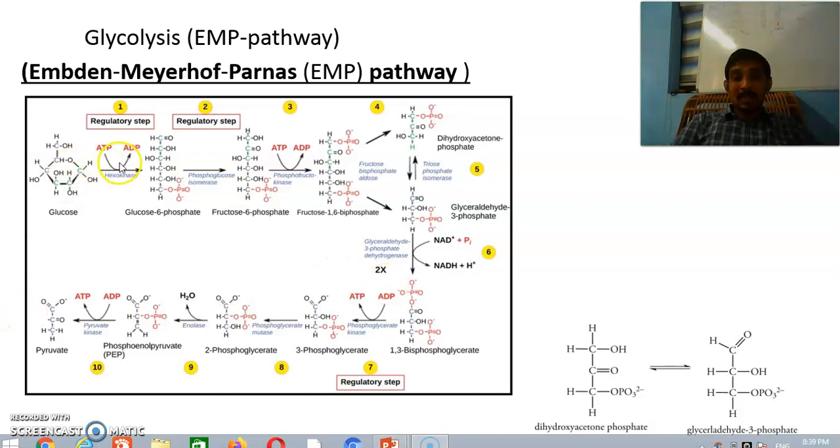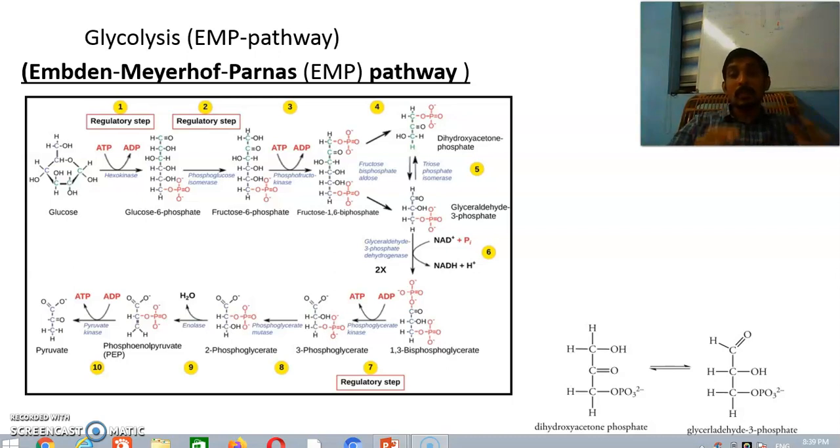But in the first step and the third step, we utilize one molecule of ATP each. So total energy is equal to 9 ATP minus 2 ATP, that is equal to 7 ATP. And one more thing is that the 10th step is catalyzed by an enzyme called pyruvate kinase. That pyruvate kinase is also an important enzyme.